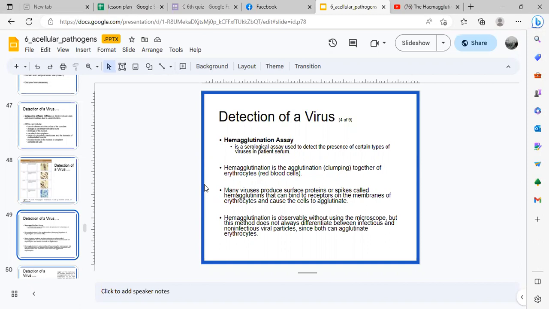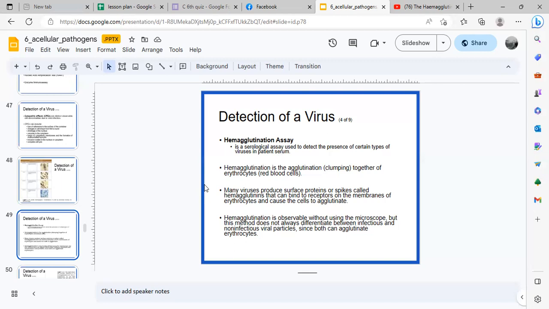So when there is a virus, because of their surface proteins, right? The H protein that we discussed, basically, they can bind to the receptors on the membranes of the red blood cells, and it causes them to clump together. So that's caused by the virus.